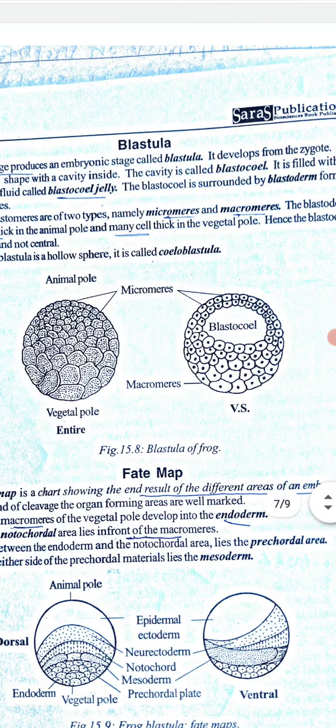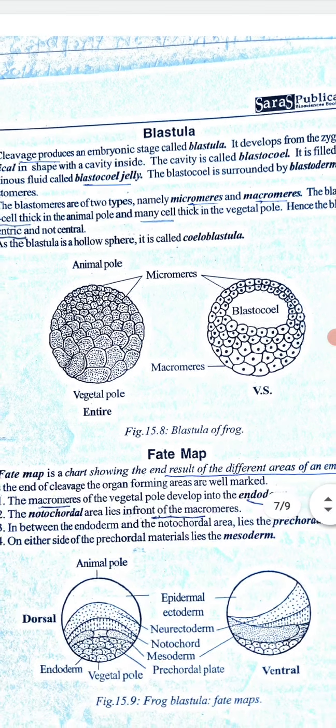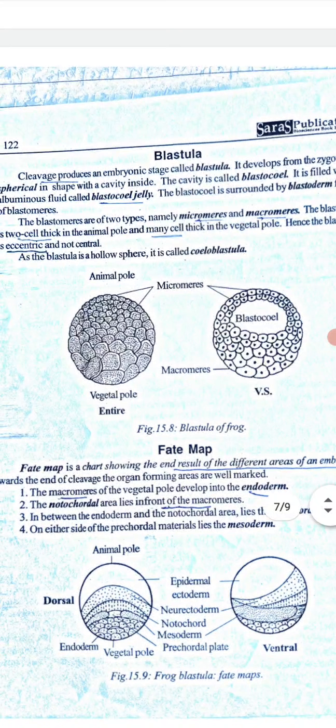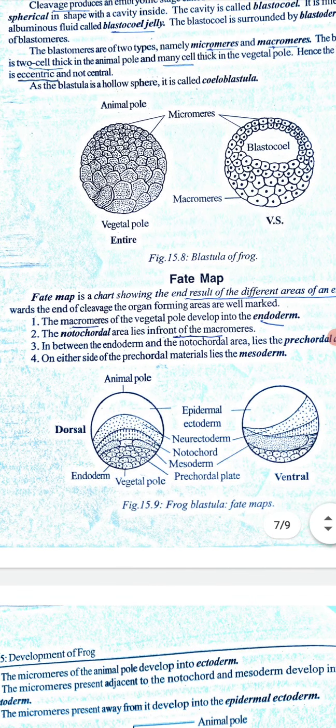In this way, two types of blastomeres are present in the blastula of the frog. The blastula of the frog is a hollow sphere, therefore it is called the coeloblastula, seen in figure 15.8, blastula of the frog. The next developmental stage of the frog is the fate map.